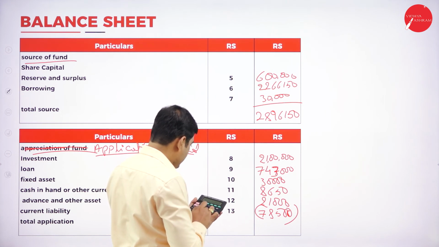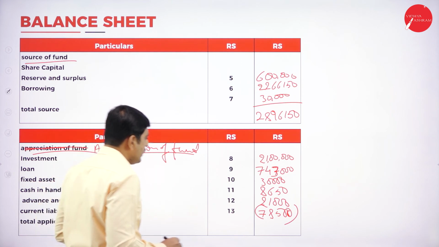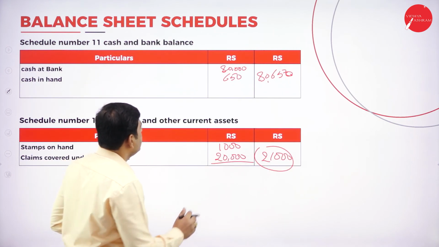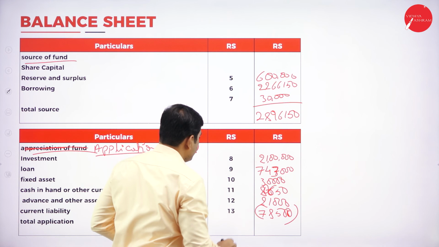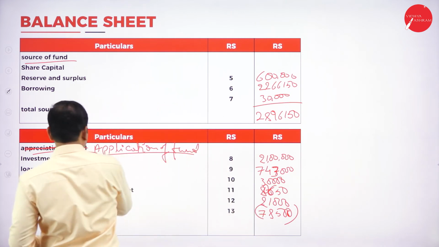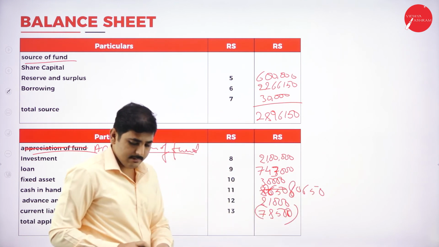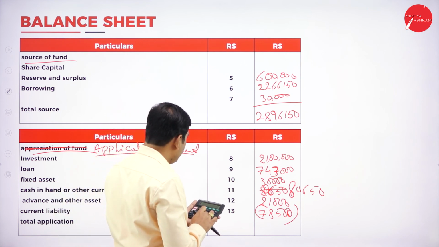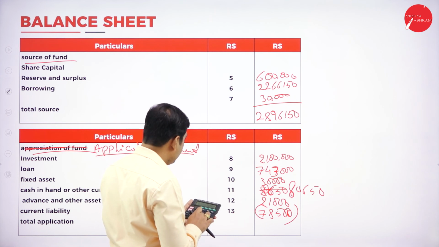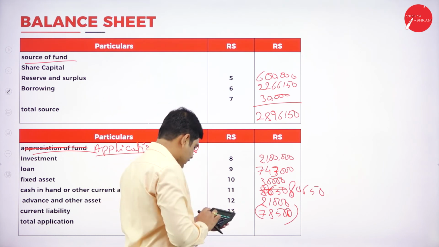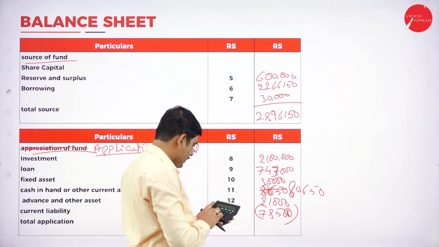Now let's add the total amount: 21 lakh plus 7 lakh 43,000 plus 30,000 plus 80,650 plus 21,000, then deduct schedule number 13, 78,500.